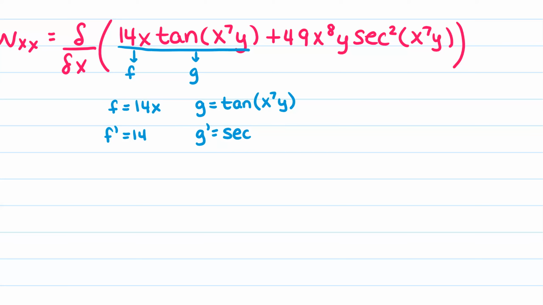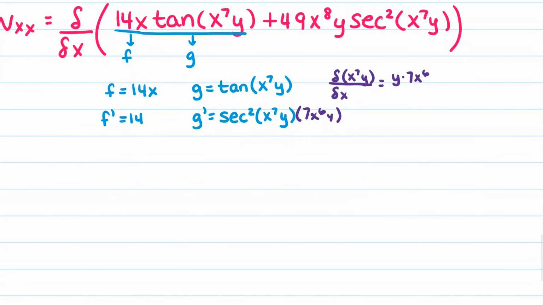So secant squared x to the 7th y. But since that wasn't just x in this case, we'll have to take the derivative of x to the 7th y with respect to x. So that gives us y times 7x to the 6th again. So 7x to the 6th y.